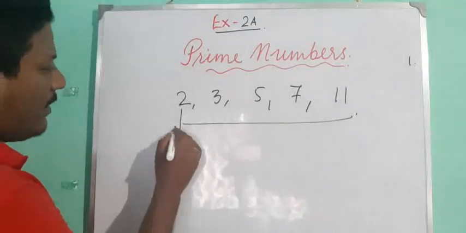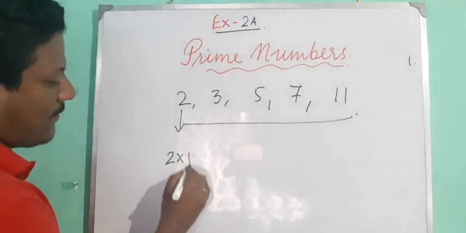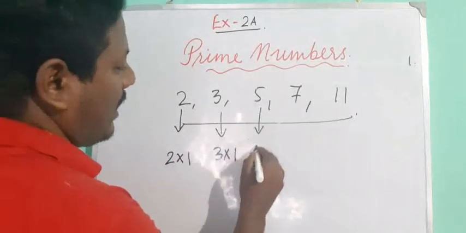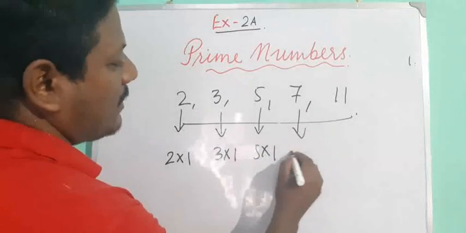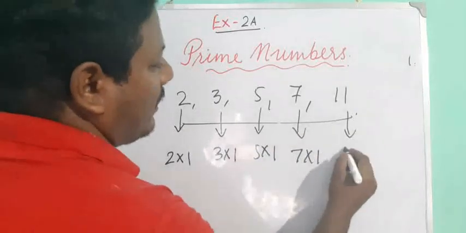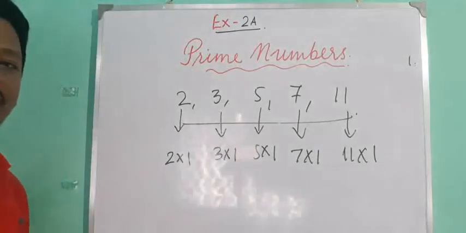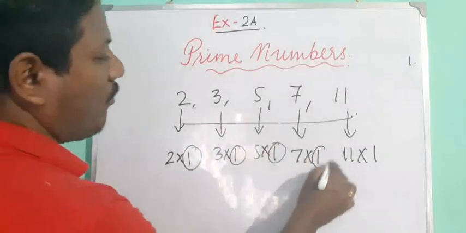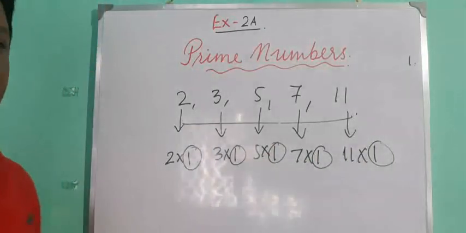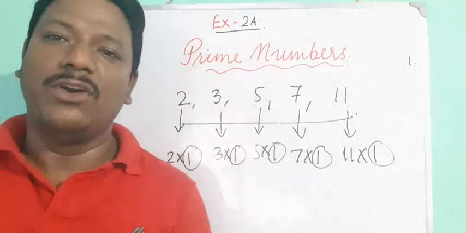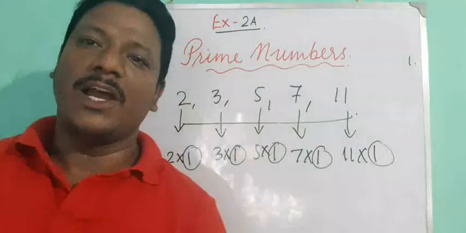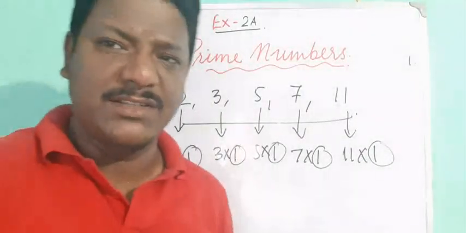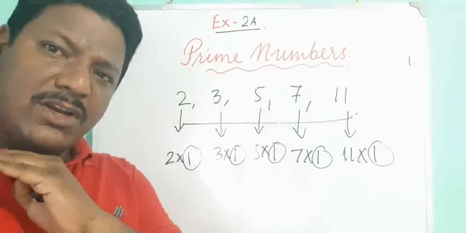So if you say 2's factors are 2 into 1, 3 factors are 3 into 1, 5 into 1, 7 into 1 and 11 into 1. Now what do you see common? The common is 1, 1, 1, 1, 1. So 1 is a general factor for all the numbers, whether it is prime, even, odd. Okay, so the 1 is one of the common factors which remain for every number.